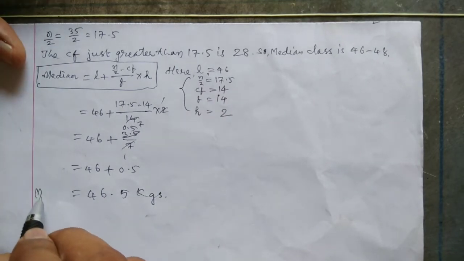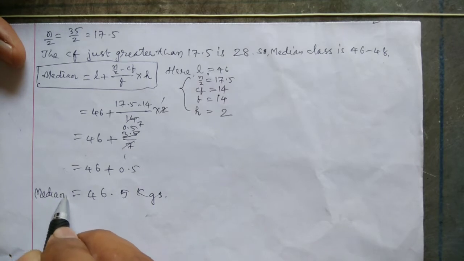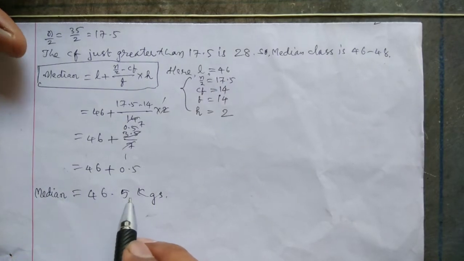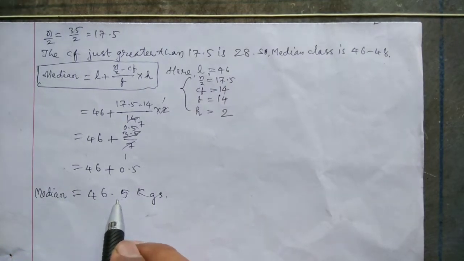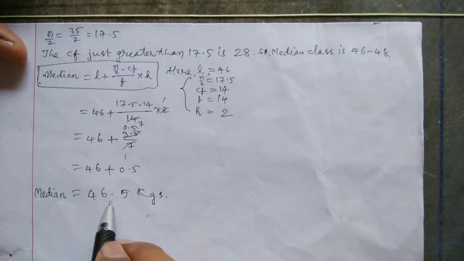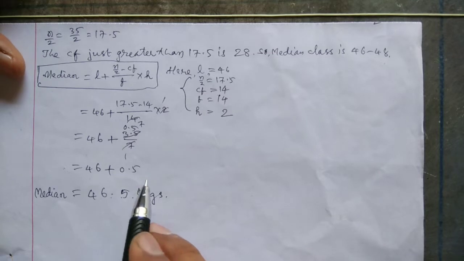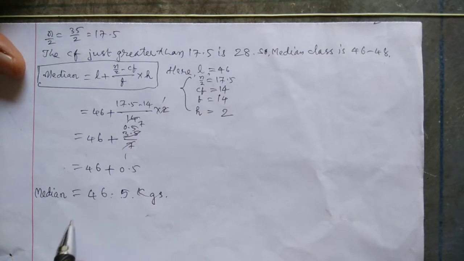So this is the median. We found this on the graph also. We get 46.5 only. Therefore, proved.